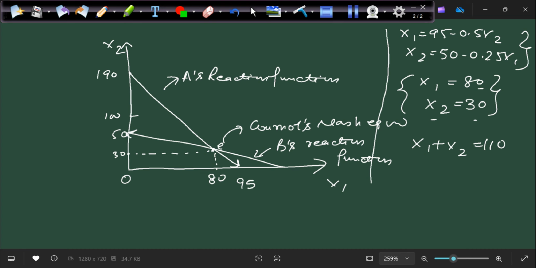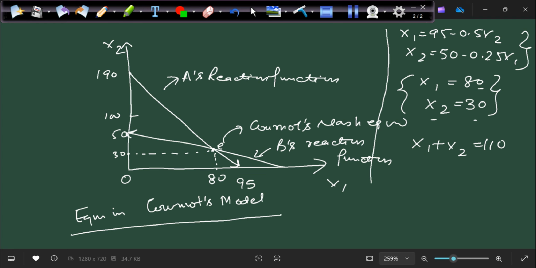Now this is the equilibrium in Cournot's model. Here we have to understand that the point where these two reaction functions meet becomes the point of Cournot's Nash equilibrium.